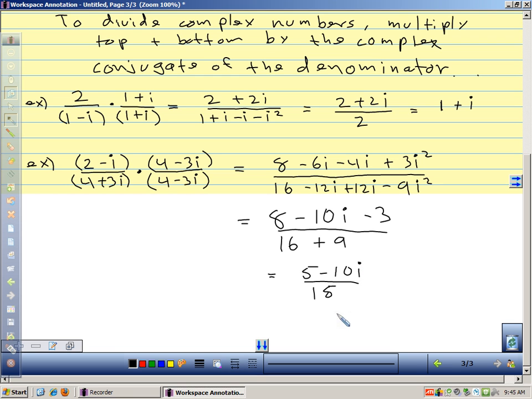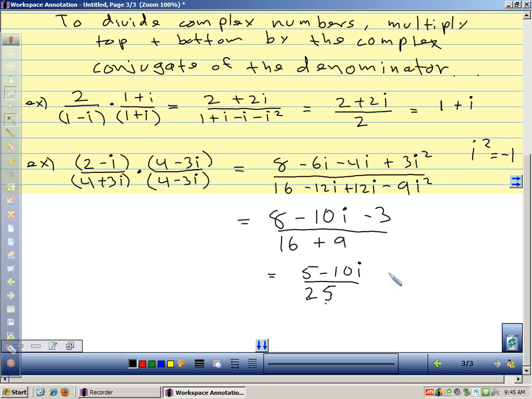15. How'd you get rid of the i squared? Isn't it 24? Yeah, 16 plus 9 is 25. i squared is minus 1. So anytime you have an i squared, you just replace that by negative 1. So this is 3 times negative 1, and this is negative 9 times negative 1.